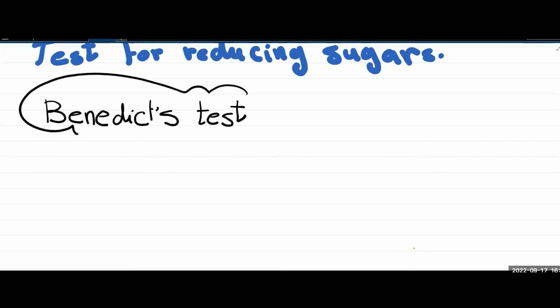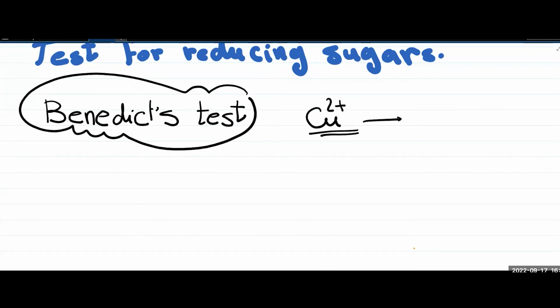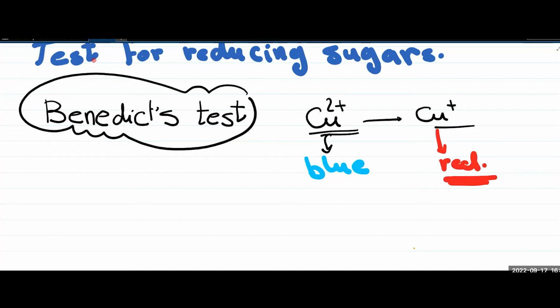What is Benedict? It is a solution made up of copper oxide, which can be reduced to copper +1. This one has blue color. This one has brick red or brownish red color.